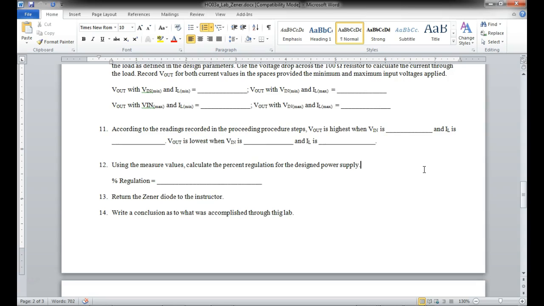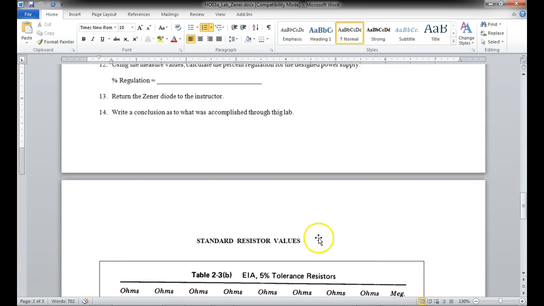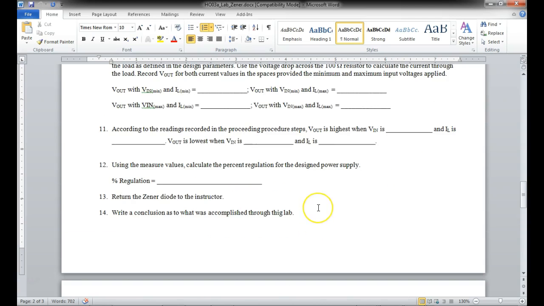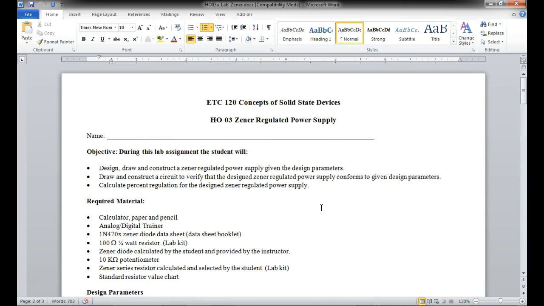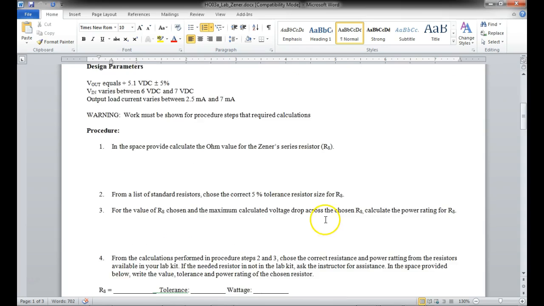So what we're doing is saying VZ divided by VZ minus V out, or V out minus VZ, right? You understand? That'll give us our percent regulation. And then you'll write a conclusion on what was accomplished during this lab. So this is the handout lab. Y'all got any questions on that? Okay.